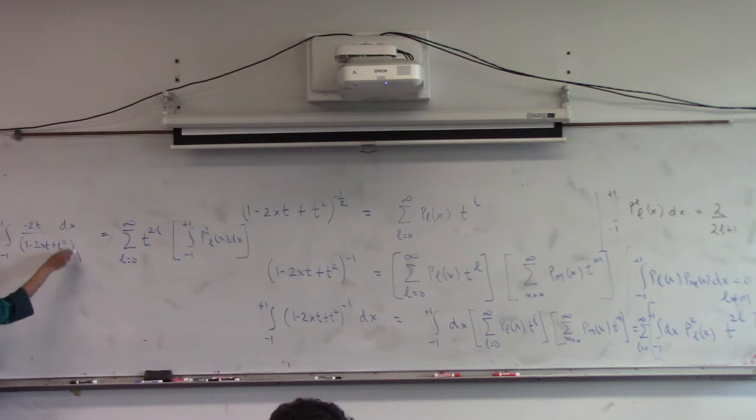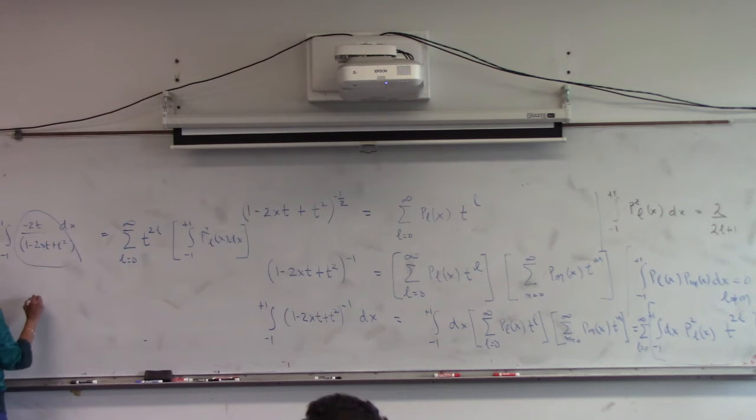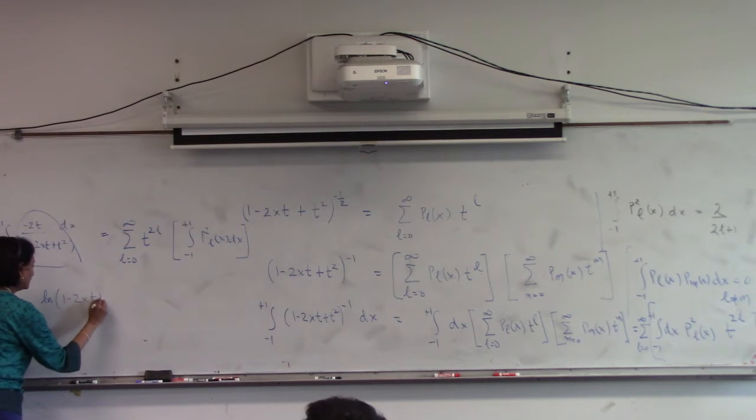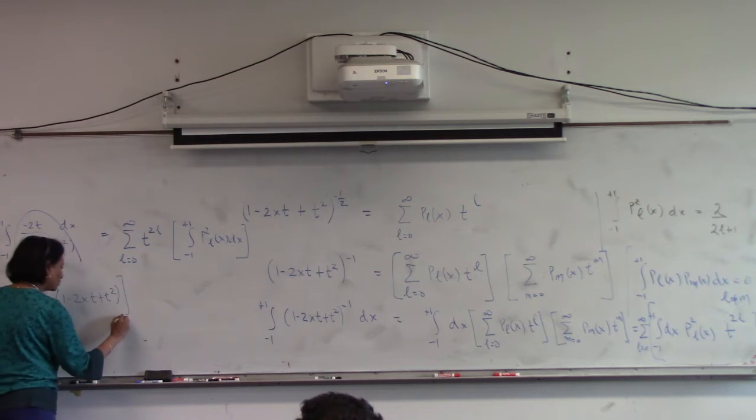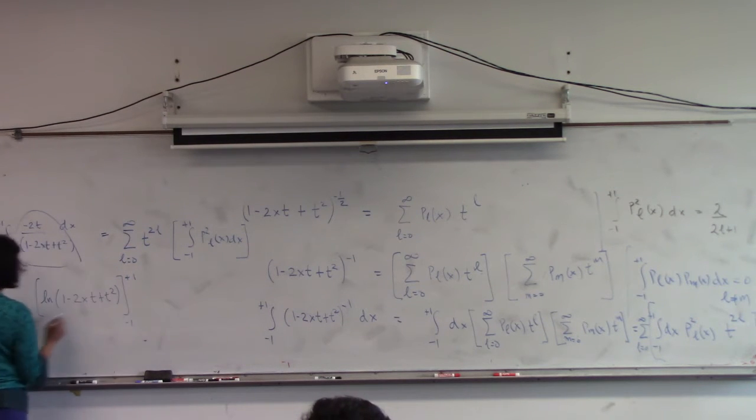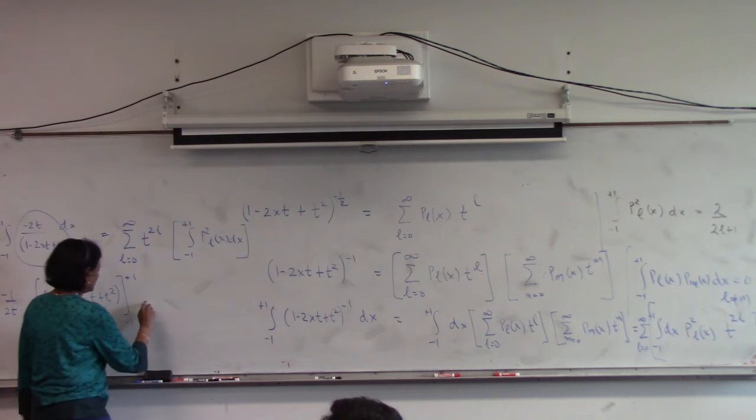you know what to do with this. Right. The integration with respect to x, so this is what? Natural log of 1 minus 2xt plus t squared, right? Evaluated between -1 and +1, and I've got -1 over 2t also here.